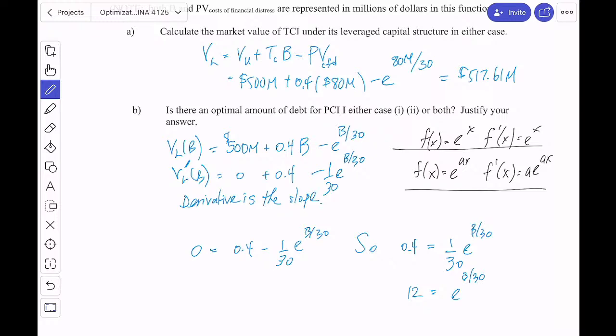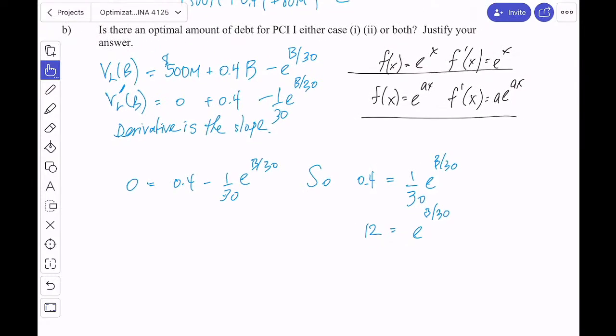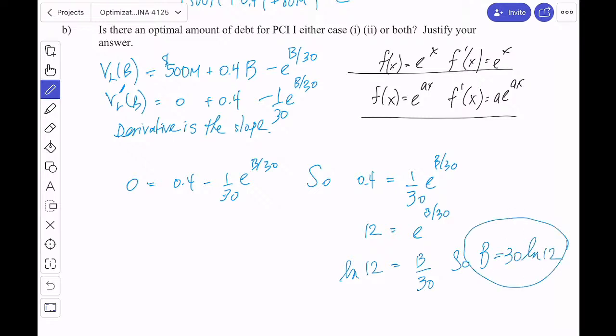So then to find out what b is, you need to take the logarithm. b is equal to 30 ln 12. Notice I didn't have to put any m's in there. There were no m's, millions, but the result will be in millions. That's how we interpret it.